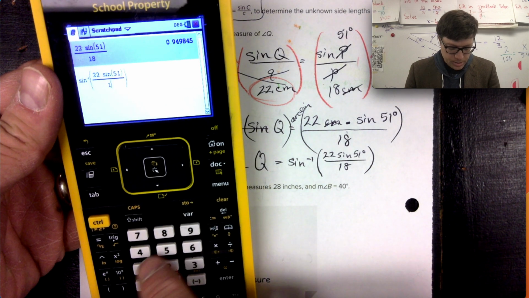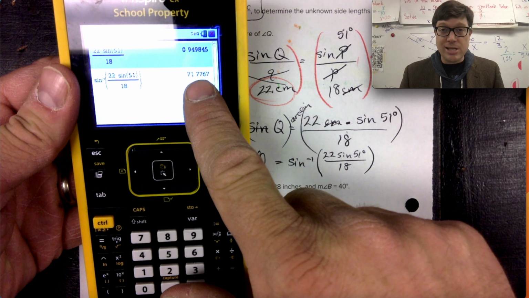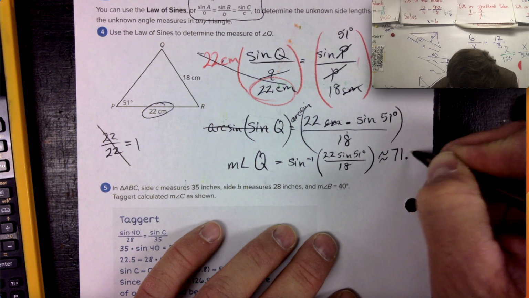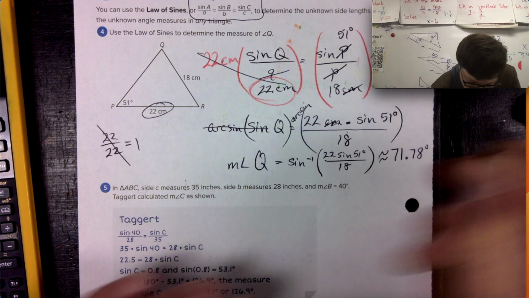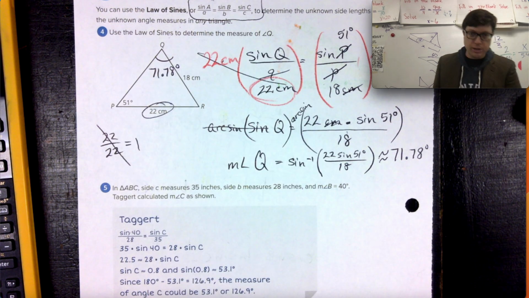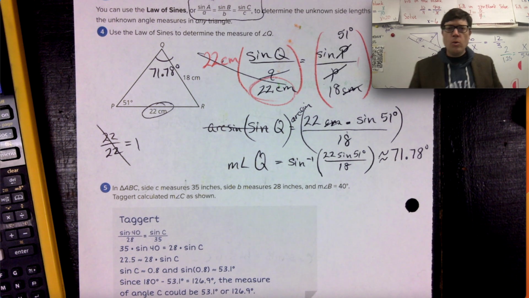And on the bottom, divide by 18. Boom. It's a 71.777 degree angle. Approximately 71.78 degrees. 71.78 degrees. Question 4. What did you learn about that?